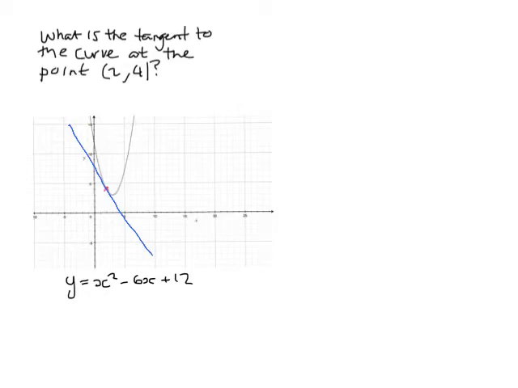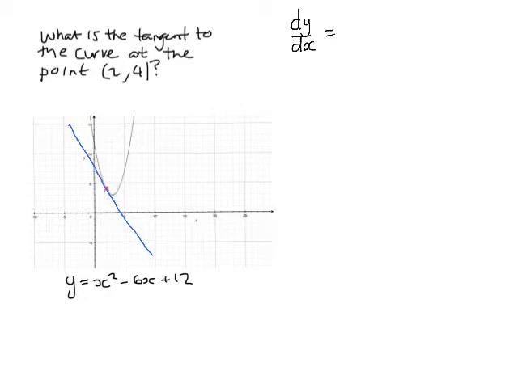And what you need to remember is that the gradient of this tangent at that point is equal to the gradient of the curve at that point. So we can find the gradient of the curve at that point by differentiating and then substituting in the value of x at that point.